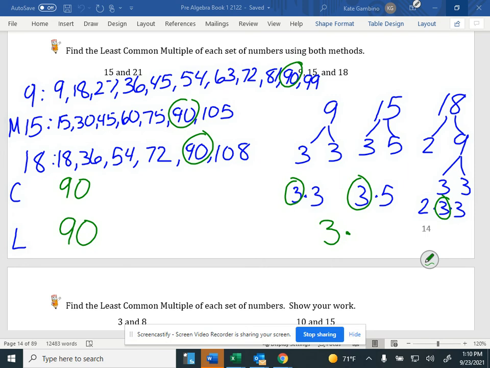So 3 times 5 is 15, times 2 is 30. So I said you can't match them up. So here I took out 3 3s and I only put one 3. So now what I have to do is list every other prime that they all 3 don't share.